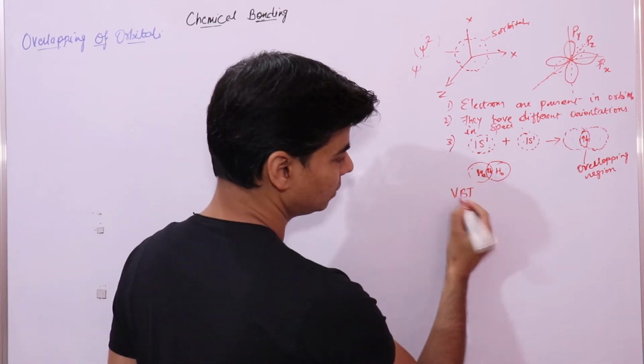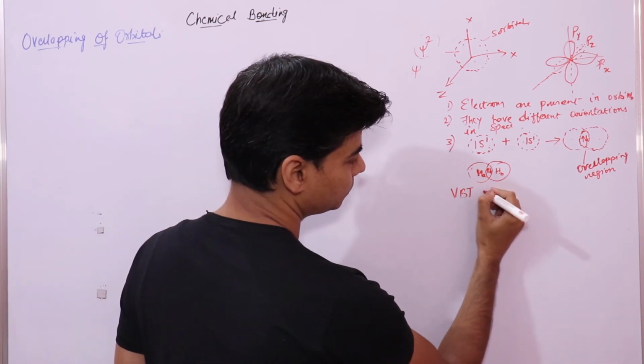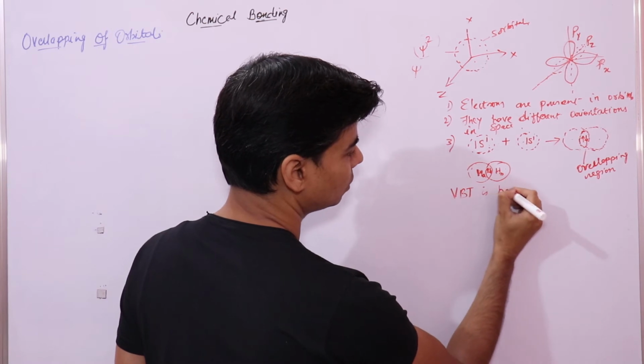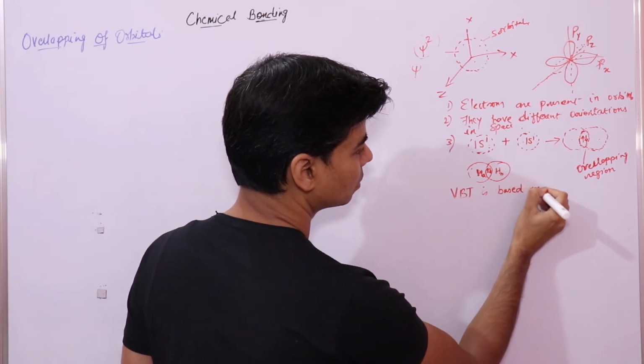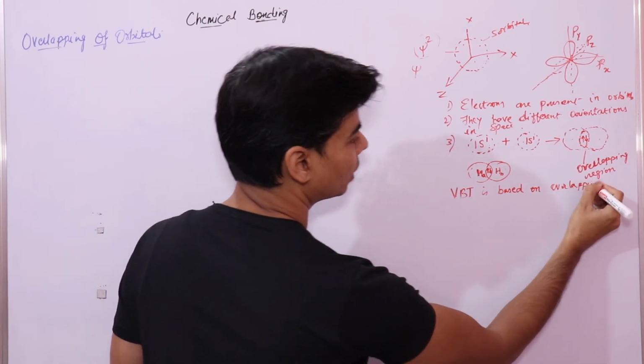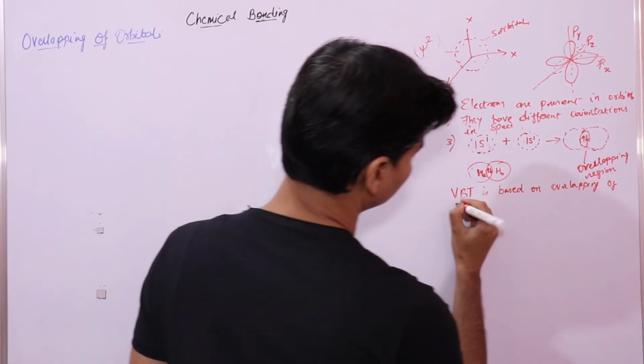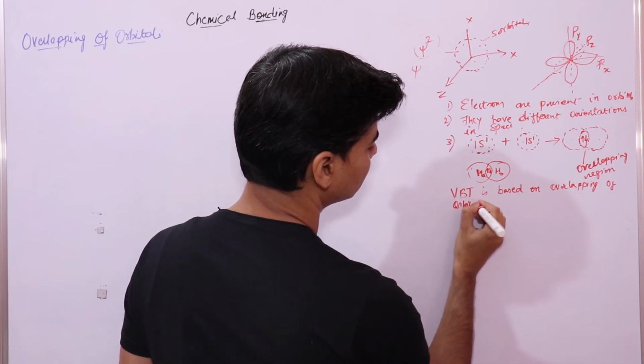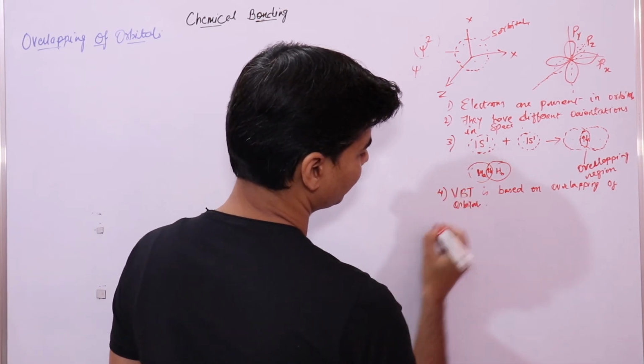In a different video lecture, VBT is based on overlapping of orbitals, right?